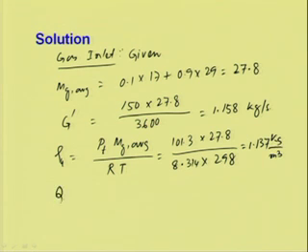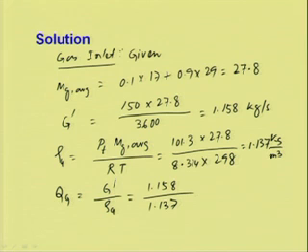Qg, the volumetric flow rate of the gas, is G' by rho g, which is 1.158 divided by 1.137, equal to 1.019 meter cube per second.